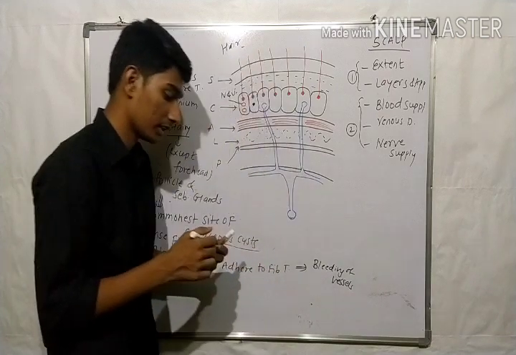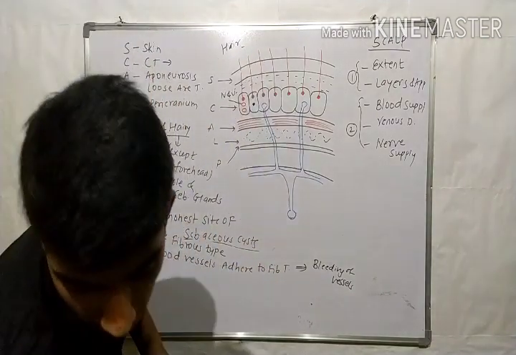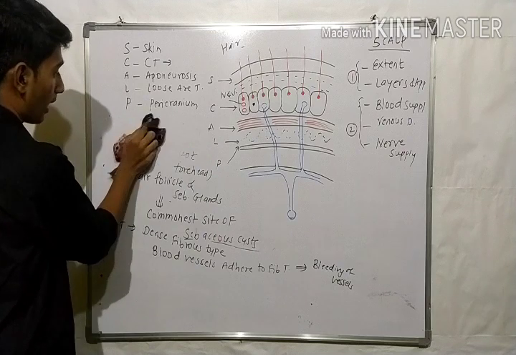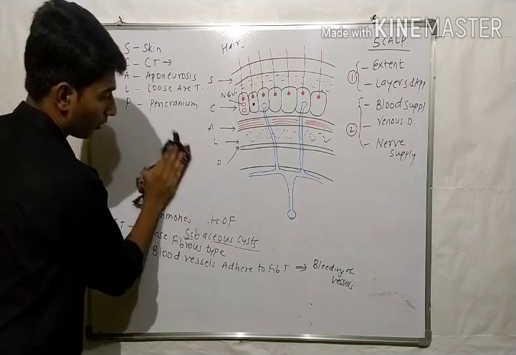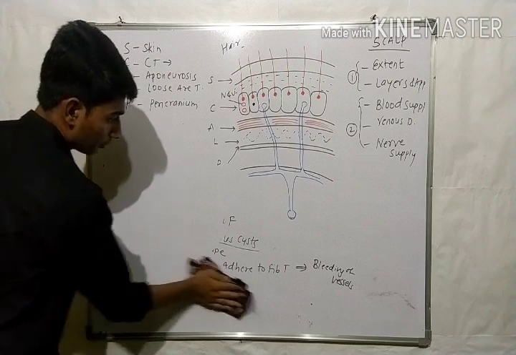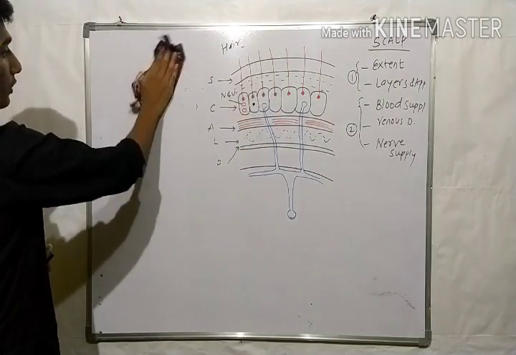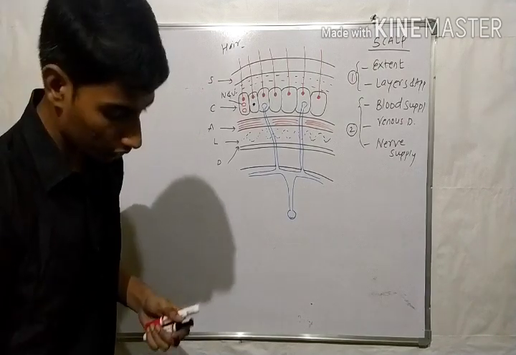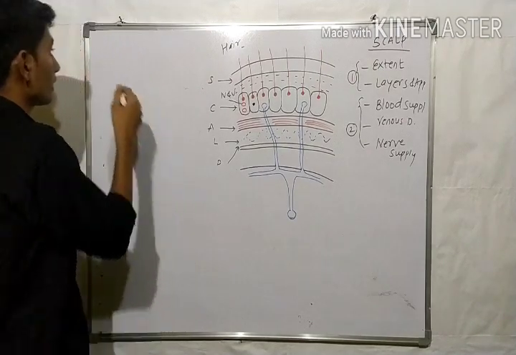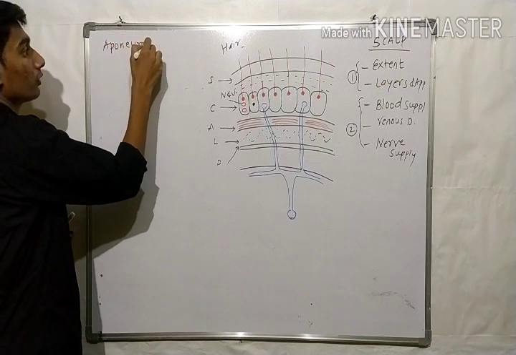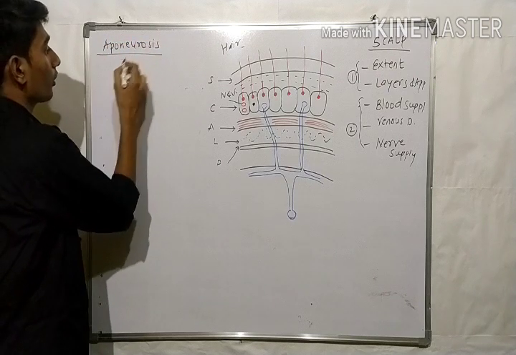Okay, then next layer we will study in the scalp, that is aponeurosis, and this aponeurosis is formed by occipitofrontalis muscle.